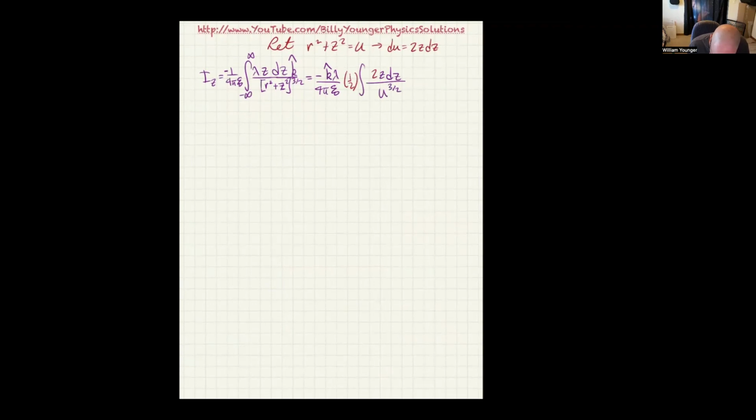I'm going to carry this out another line, and it's going to be negative lambda k over 8 pi epsilon naught times the integral of u to the negative 3/2 du, because 2z dz is du.